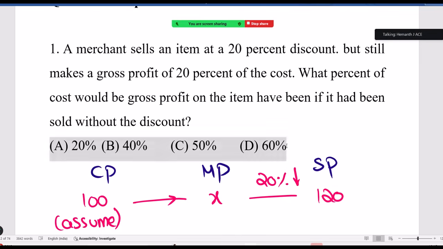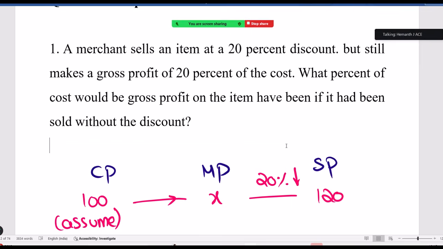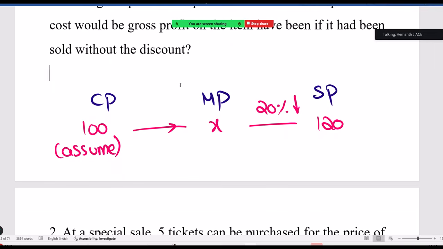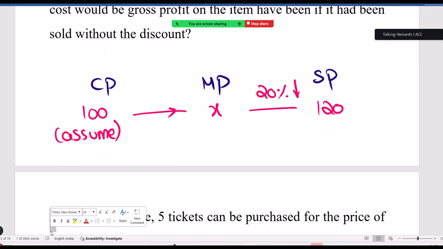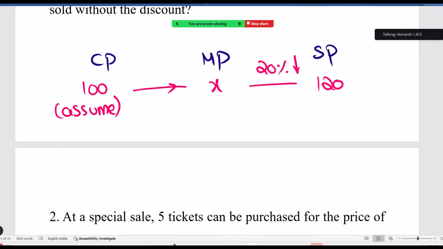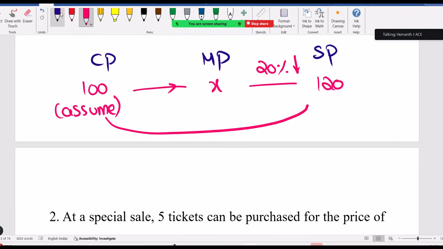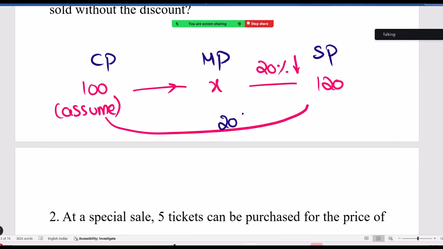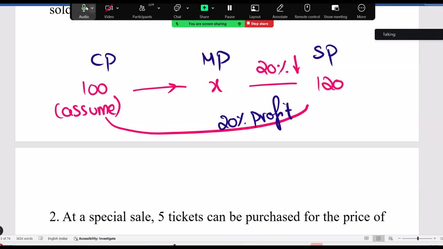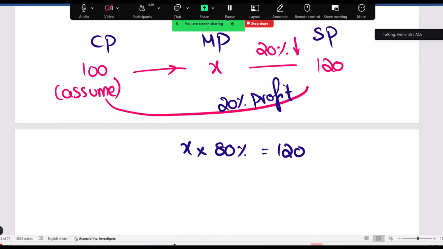Sometimes there may be typing errors, you can ignore the options, but see the procedure we can follow. Now, why 120? Because 20% profit is mentioned. So 80% of X should be equal to 120.